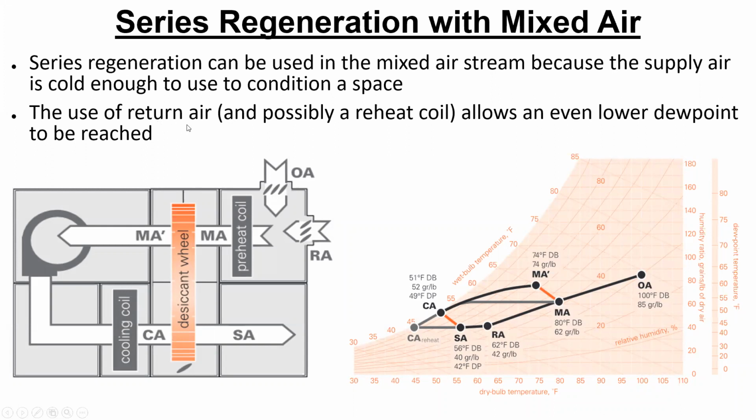The use of the return air and possibly a reheat allows an even lower dew point to be used. So what happened is we go from the mixed air through the wheel. That means that we're gaining some moisture by going from MA to MA prime by going through the wheel. And then we are making it a little bit cooler. And then we're going through the cooling coil. So we're cooling it down.